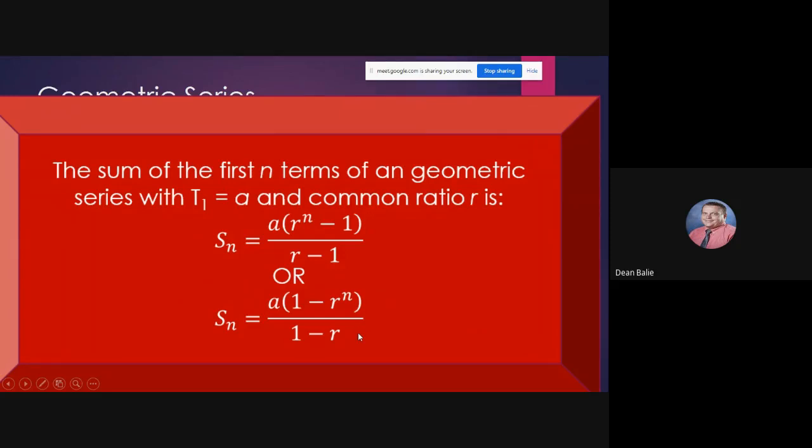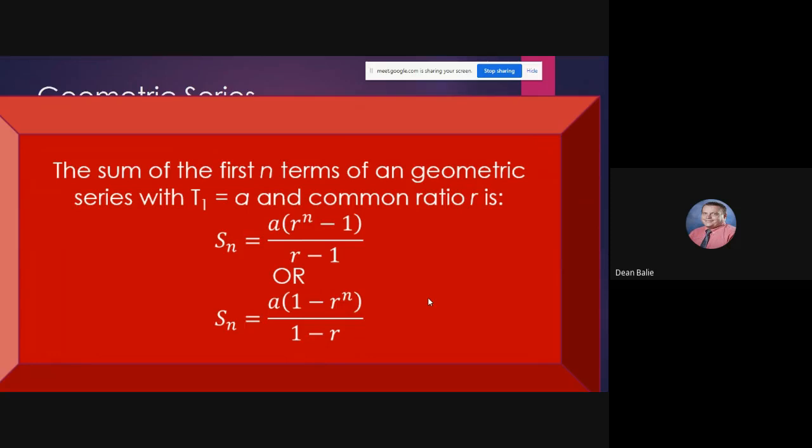It's really up to you, whichever way you choose. I switch between the two. If my r value is bigger than 1, then I use this one. If my r value is a fraction smaller than 1, then I use this one here. It's just an easy way to make sure that my numbers all work out nicely.